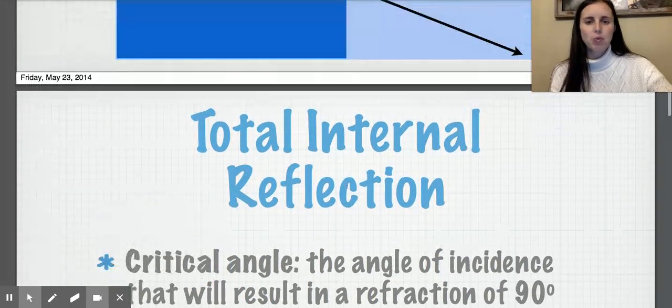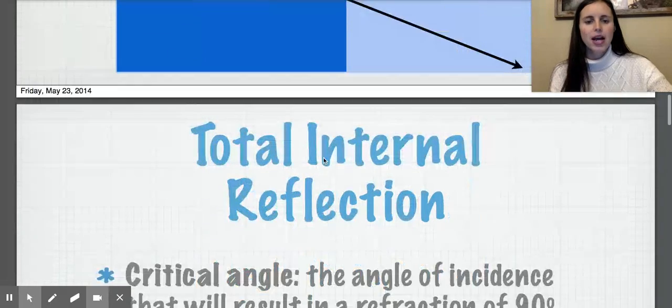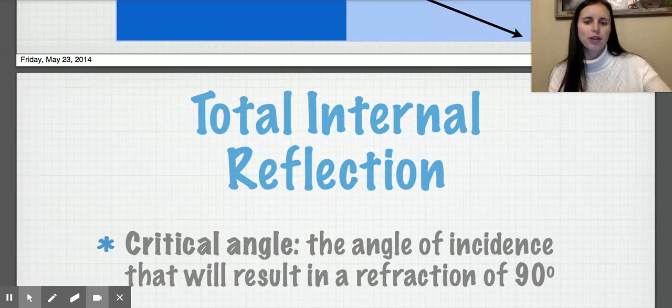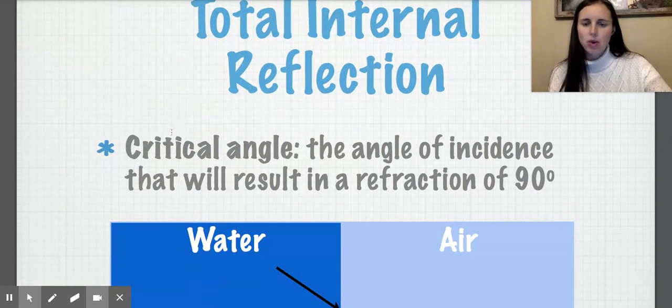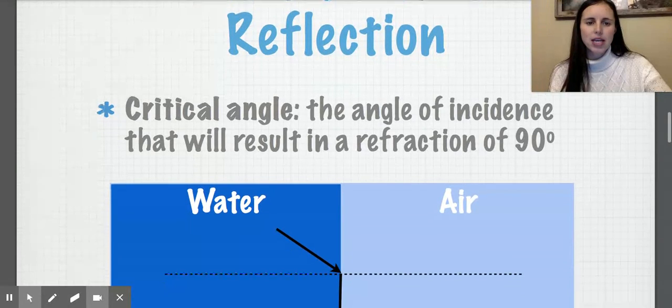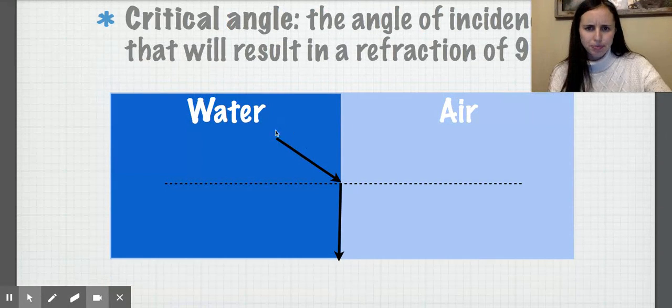Now let's talk about what this refraction has to do with total internal reflection. There's one term I want to throw at you right now, and this term is called the critical angle. This is the angle of incidence that will result in a refraction of 90 degrees. So essentially, we know that we have our denser medium here, and as light is going from water to air, it's bending away from the normal, away from the normal, away from the normal.